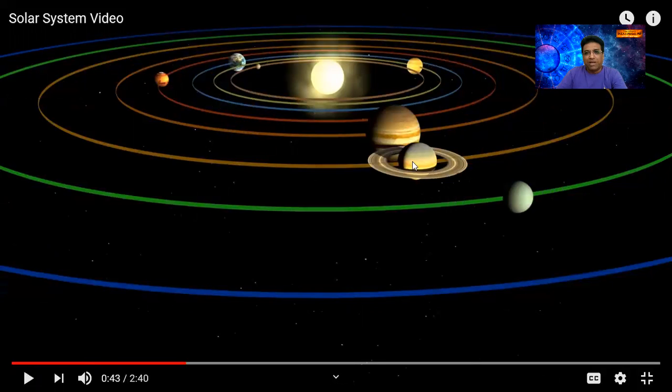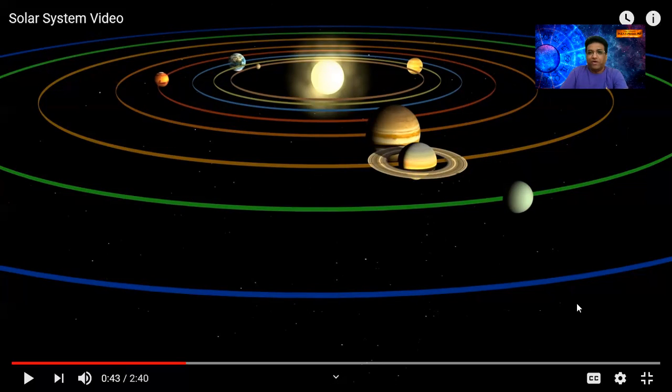See here, these two planets are in one line. So we think these two planets are conjunct, or sitting together in one sign.